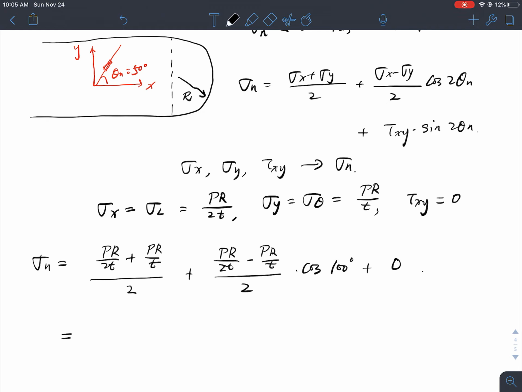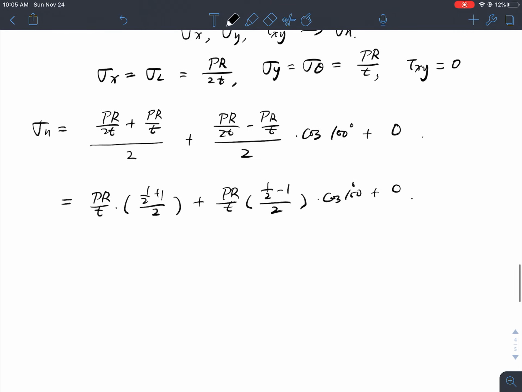Okay, so now this becomes PR over t times (1.5 over 2) plus PR over t times (minus 0.5 over 2) times cosine 100 degrees plus 0.